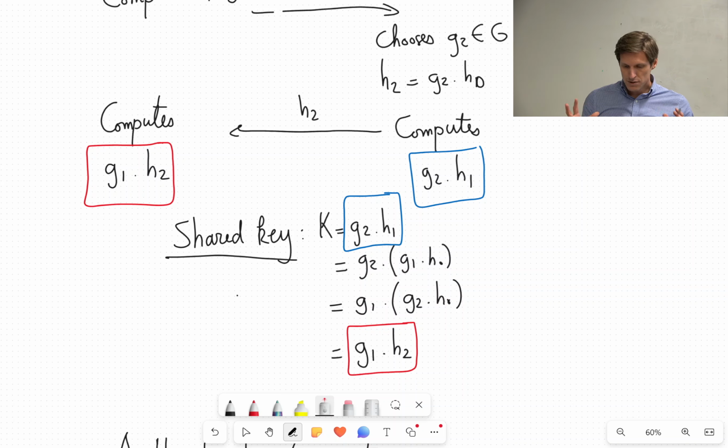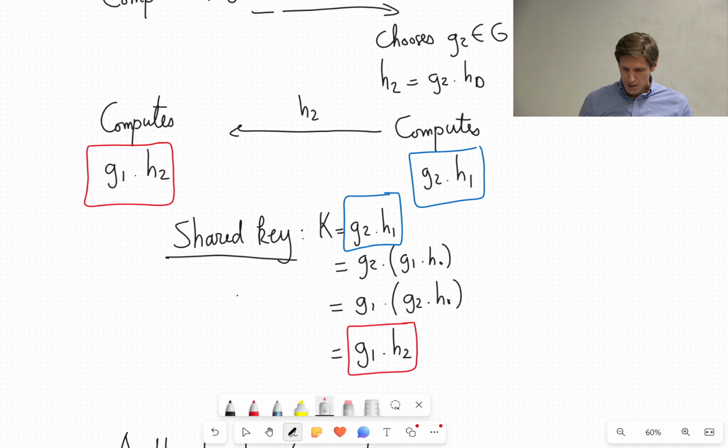That allows them to create a shared key, and that really resembles the Diffie-Hellman key exchange protocol, for those of you who know what I'm talking about. Otherwise, it's a protocol where Alice and Bob are exponentiating the same element with secret exponents, and at the end, the shared key is that element raised to the power of those two secret exponents.